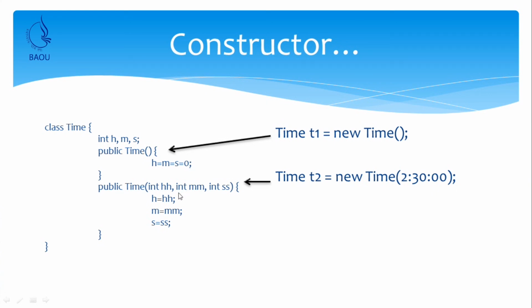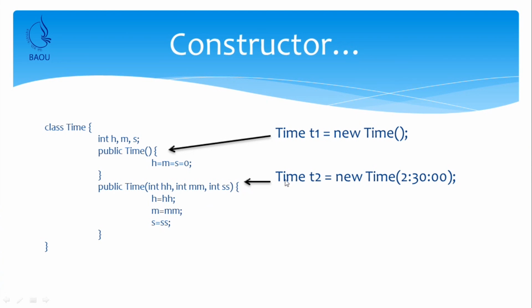Now, we write another constructor to initialize all 3 variables to different values specified by the user. So, here time is the class name. So, it represents a constructor, it is public and it takes 3 arguments h, mm and ss of type integer which match our instance variable types, and it initializes h to the first argument, m to the second argument and s to the third argument.